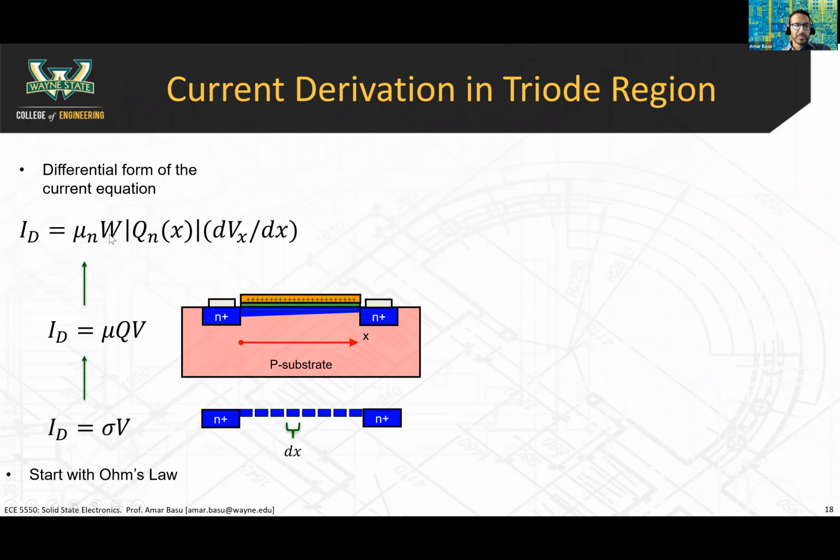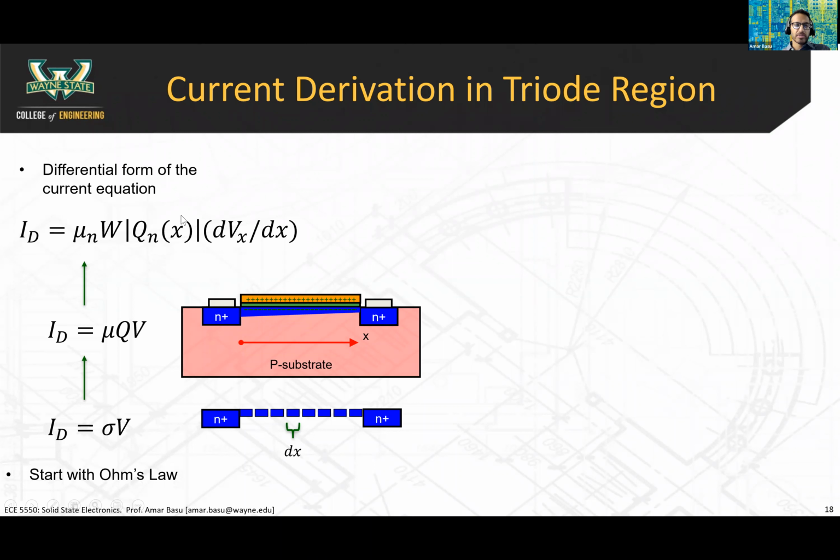And so you can see this is the mobility of electrons, mu n. The width here has to do with the geometry of the device. Because we want to find the total charge, we have to multiply the charge density by a geometric factor.